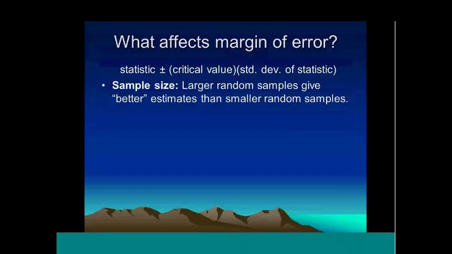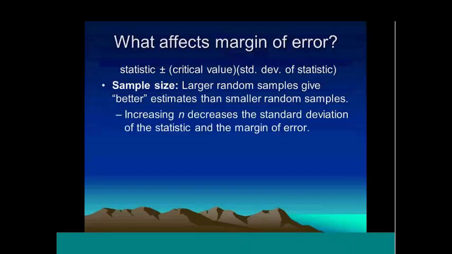We get better information if we ask more people than if we ask fewer people. And you can see, if you think about the formula, increasing the sample size is going to decrease the standard deviation of the statistic, which always has the square root of n in the denominator. And if that decreases the standard deviation, it's going to decrease the margin of error here.